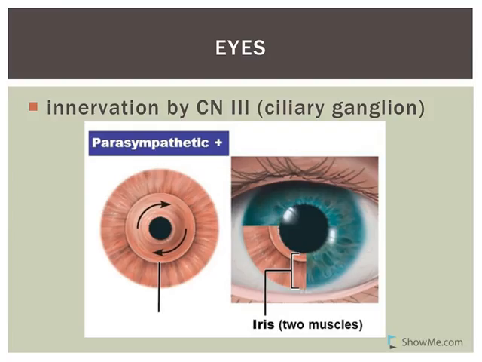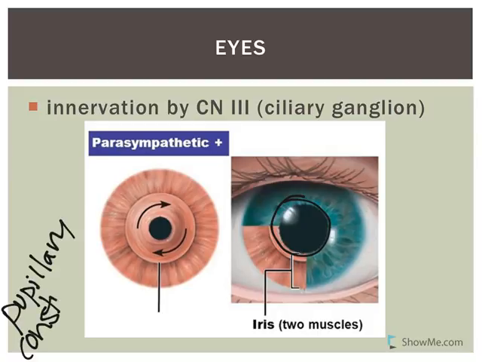Now the eyes, the iris of the eye, remember, has two muscles associated with it. Well, the parasympathetic fibers innervate the innermost layer, which is the pupillary constrictor muscle, which is also referred to as the pupillary sphincter muscle.